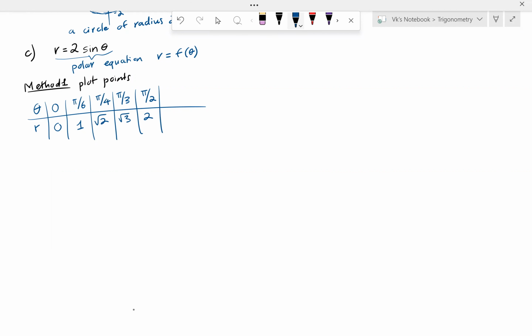And we have 2 pi over 3, which gives us root 3. 3 pi over 4 gives us root 2. 5 pi over 6 gives us 1. And pi gives us 0. Let's take a look at the plot here and see what we have.